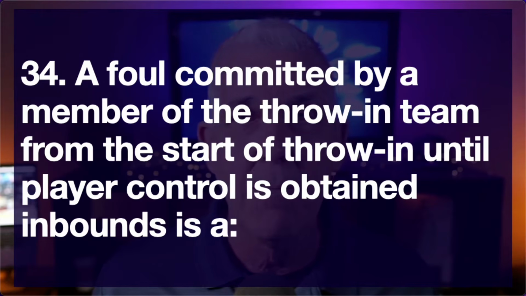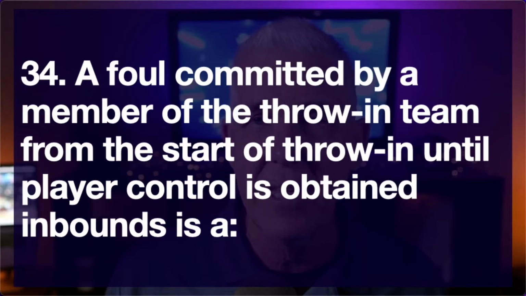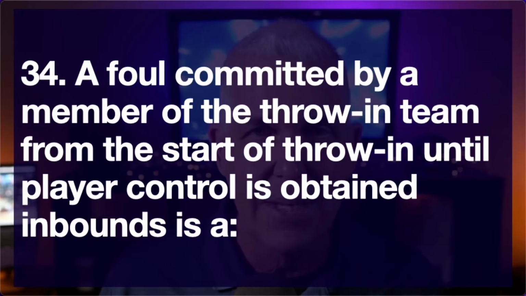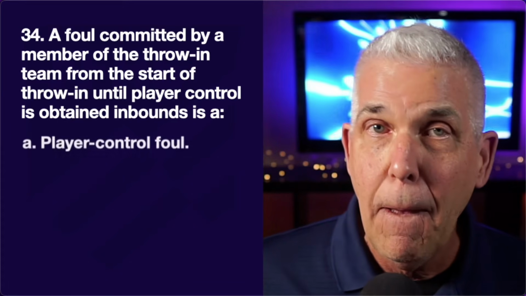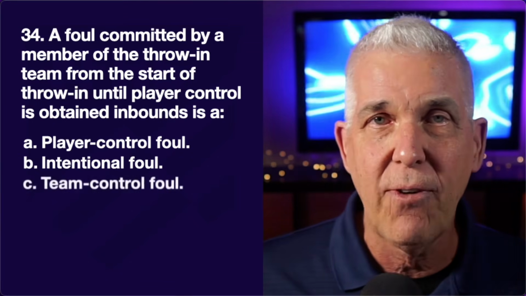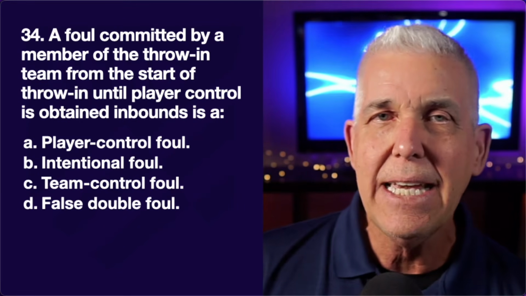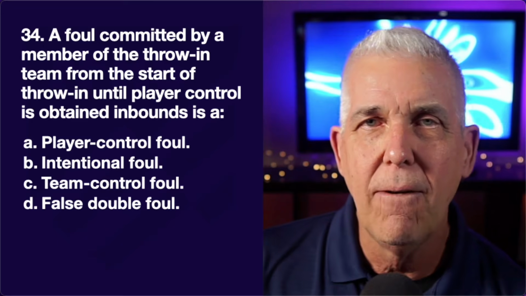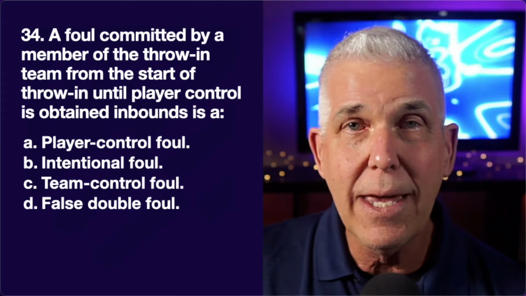A foul committed by a member of the throw-in team from the start of the throw-in until player control is obtained in bounds is A, a player control foul, B, an intentional foul, C, a team control foul, or D, a false double foul. A foul committed by a member of the throw-in team.